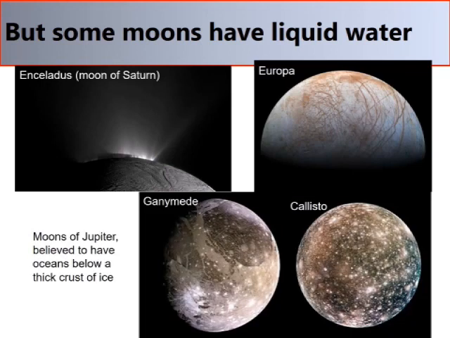But also 3 of the moons of Jupiter, Europa, Ganymede and Callisto, they also are believed to have liquid oceans below a thick crust of ice. Remember that Saturn and Jupiter are far out in the solar system, so the moons are mainly covered in ice, but they're believed to have oceans underneath.